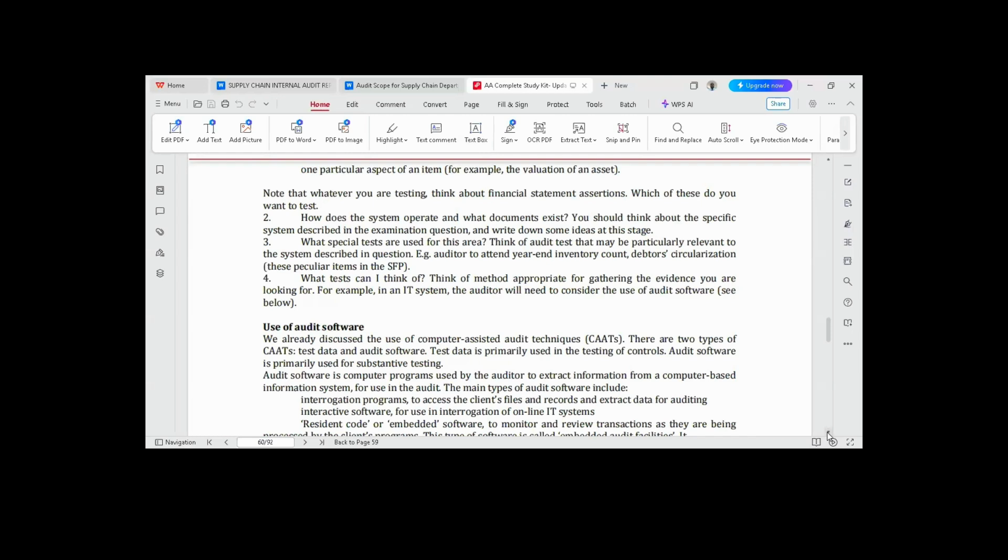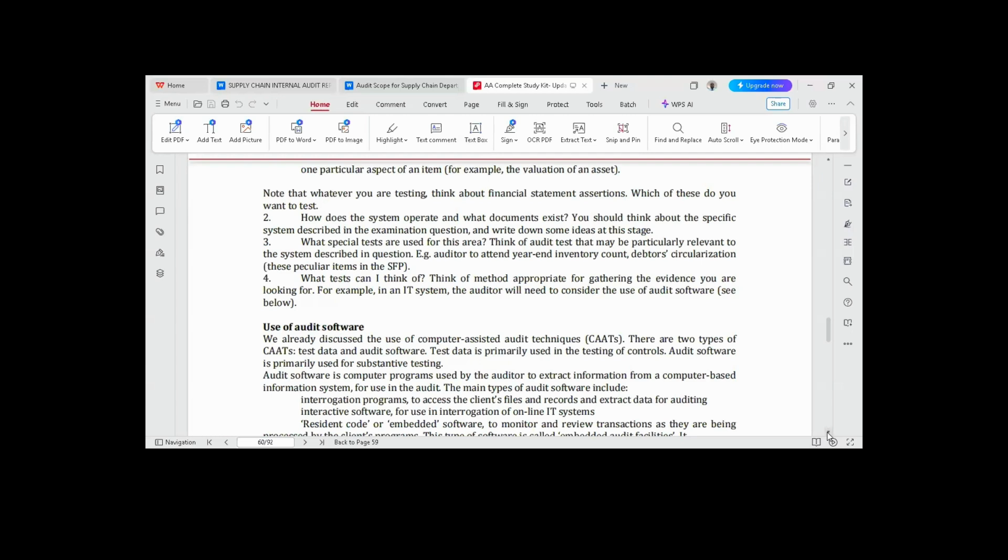So you use computer programs to obtain audit evidence from the client system. That is CAT. And there are two types of CAT. You have test data and you have what? Audit software. Okay? Are we together? So let's look at them one after the other.